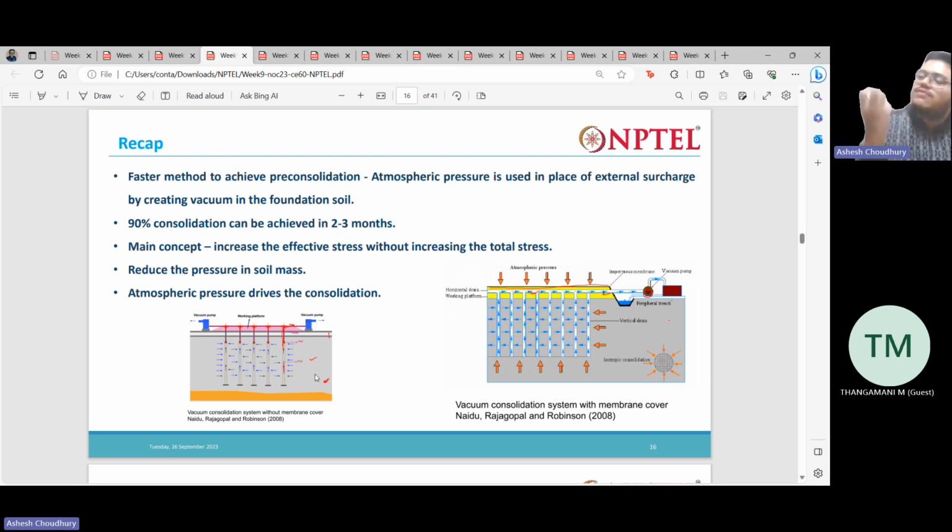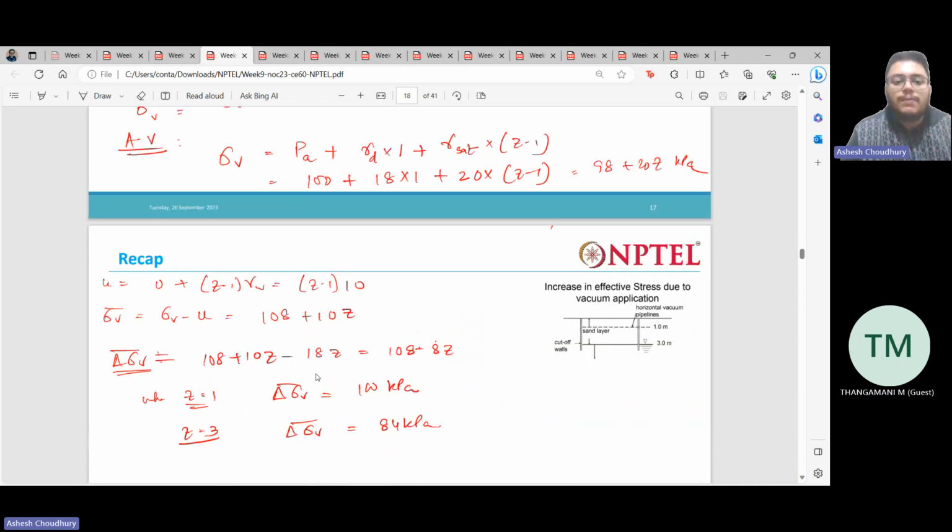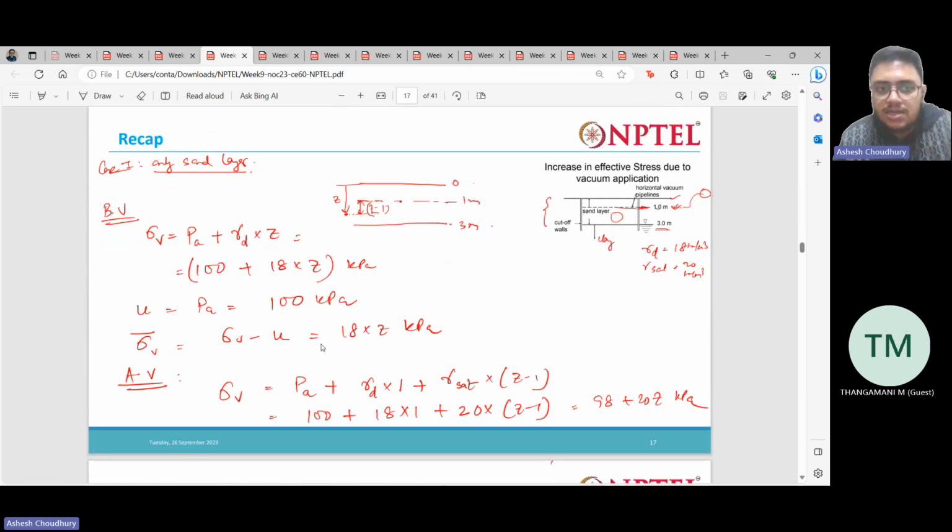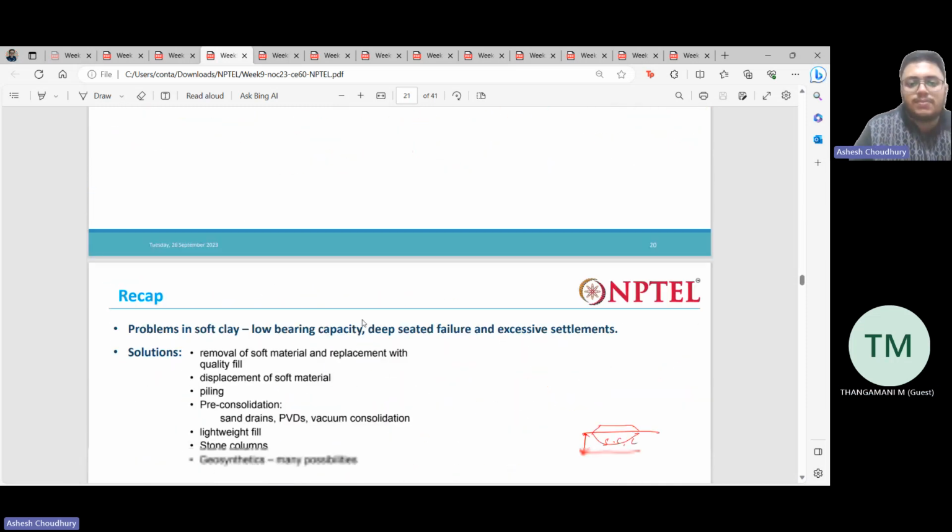The increase in effective stress won't be uniform. But with this vacuum consolidation method, we can achieve faster pre-consolidation, because over all the depths we can have a uniform increase in effective stress. How this actually happens, we also discussed in this portion.